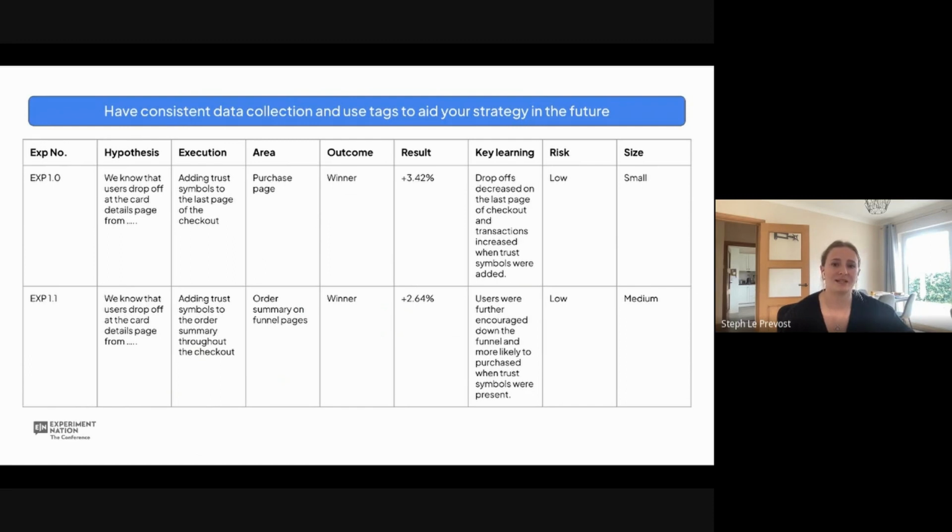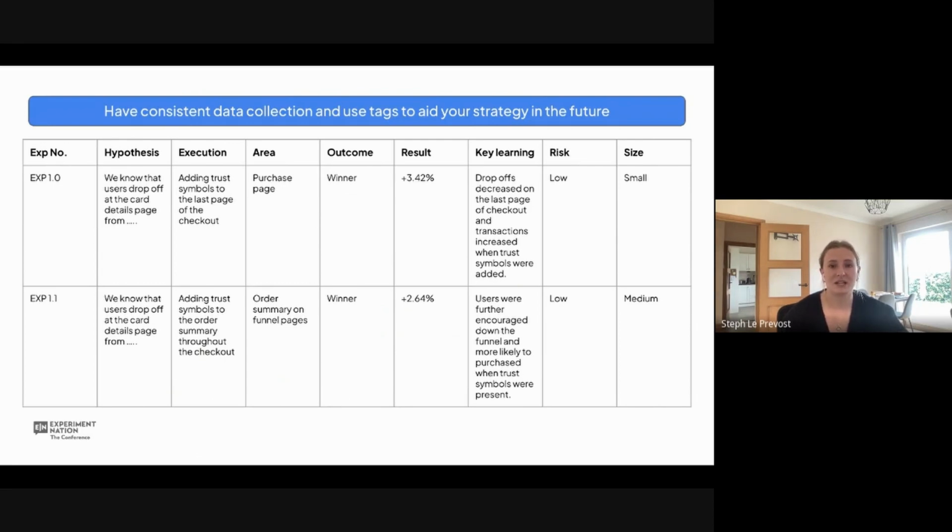And what I mean by that is having it in one database that's easily accessible and can be looked at quite quickly. So here you can see we've got the experiment number, the hypothesis, the execution, so what we actually did, where it ran, what the outcome was, the result, what we learned, very important, the risk profile and the size of the experiment. I particularly like the risk profile because that can aid you in your strategy, and I'll come on to that in a second.